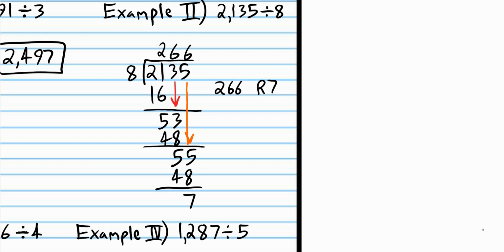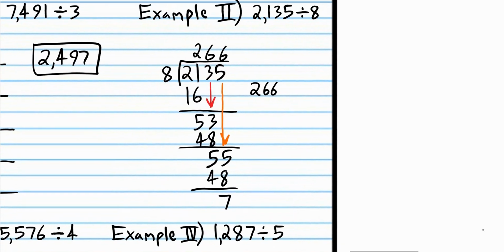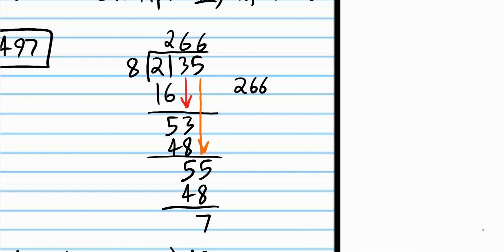All right. Now in my arithmetic course, we always wrote remainder 7, but now that we're in upper mathematics, we're not going to do that. That's not really the best way to write the answer. This answer should be written as 266 plus 7 over 8.